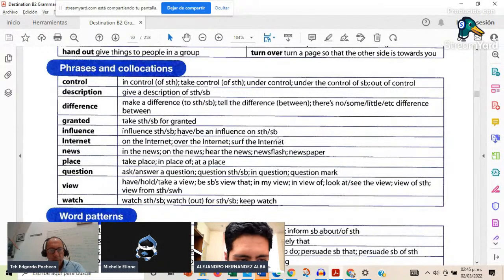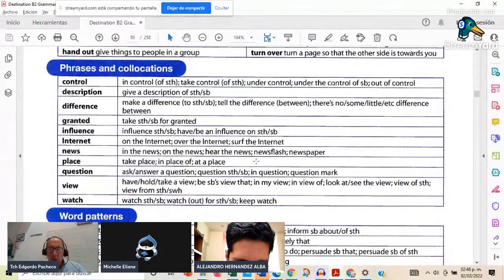View. Have a view, take a view, be somebody's views, in my view, in view of, look at, see the view of something, view from something or somewhere. Exactly.